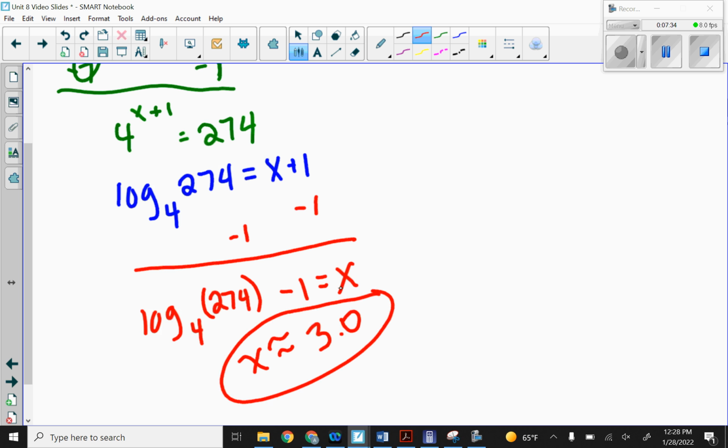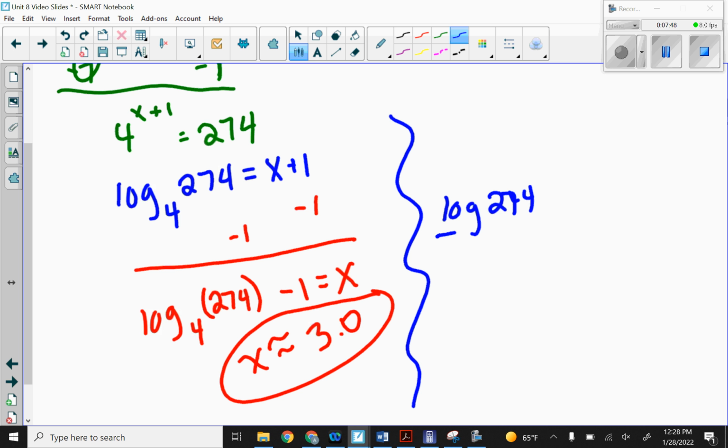Now, I know you don't all have these Casio calculators at home, so just a reminder, at home, we could type this in as log of 274 over log of our base 4, then minus 1.